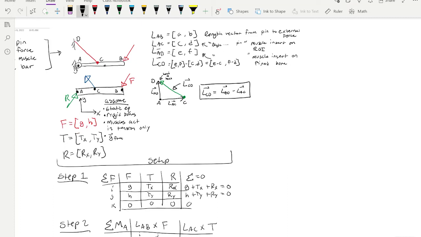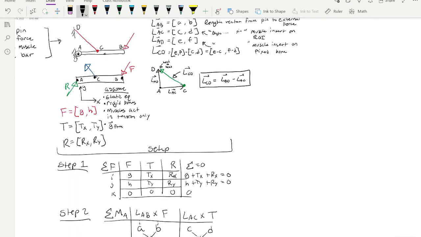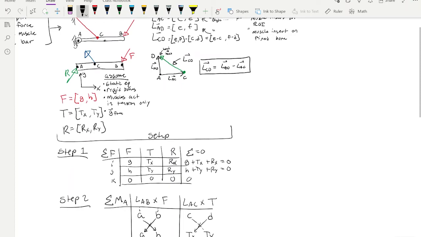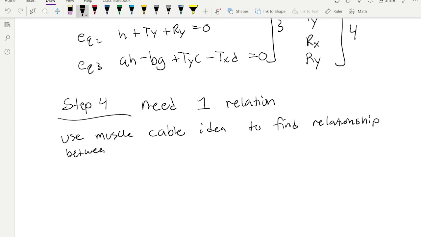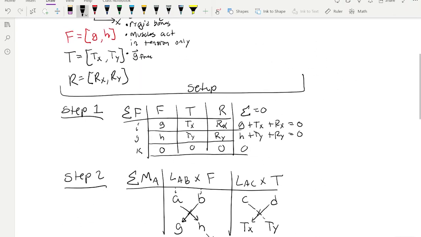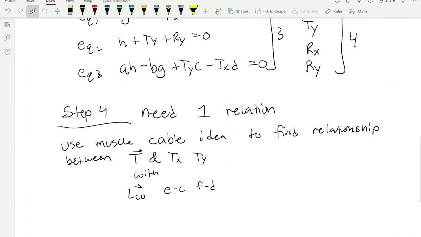The direction is LCD, the vector that describes the muscle cable going from C to D. LCD is E minus C, F minus D. So we use this muscle cable idea to find the relationship between the vector T and the components Tx, Ty, with LCD, vector components E minus C and F minus D.